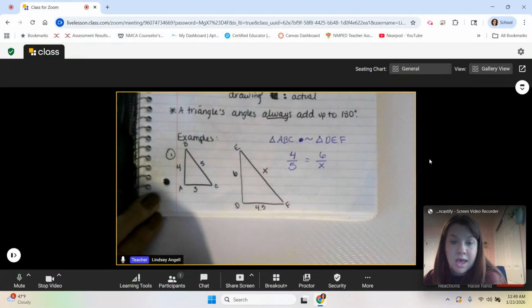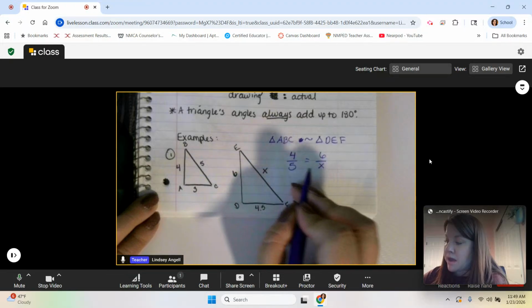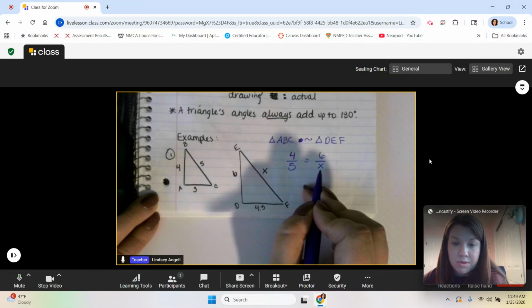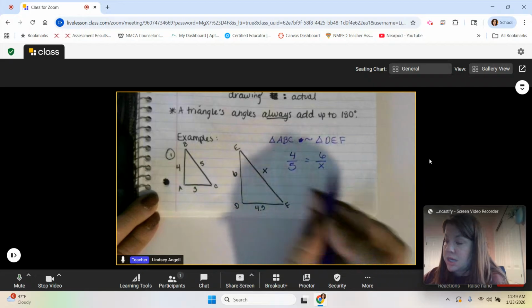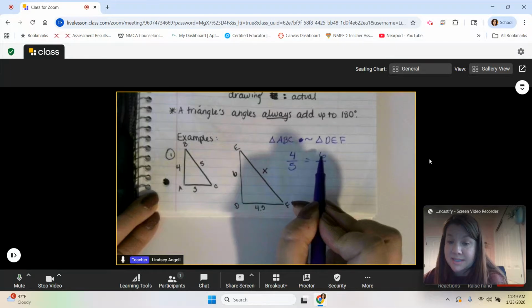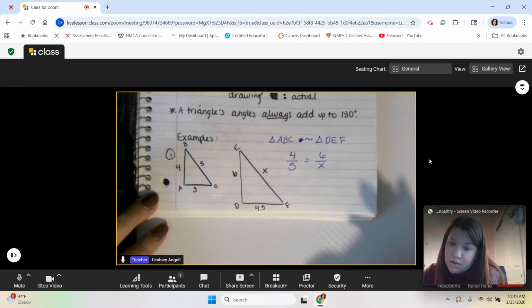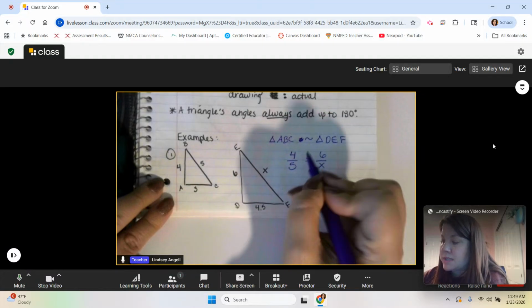So being that I am set up in a way to where I just have one variable, I can use cross multiplication. Now you might be able to recognize, okay, to get from 4 to 6, I multiply by 1.5, right? But let's say you can't recognize that. We'll use cross multiplication.